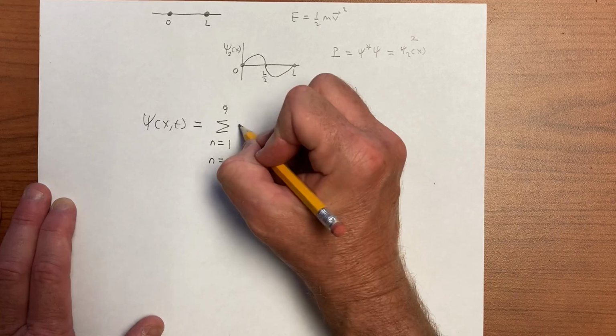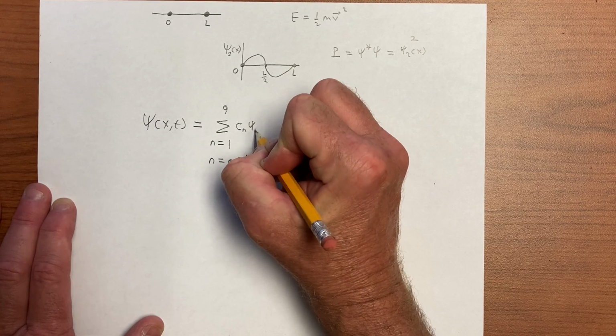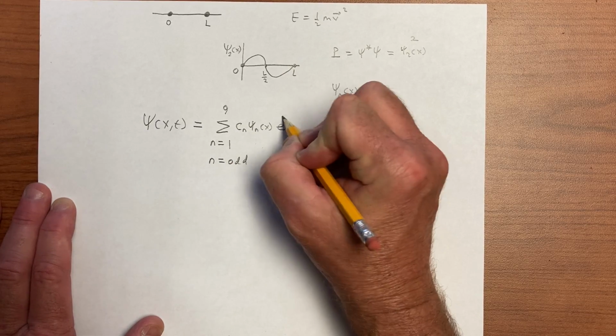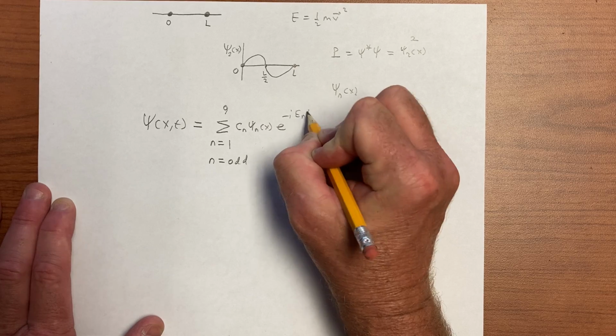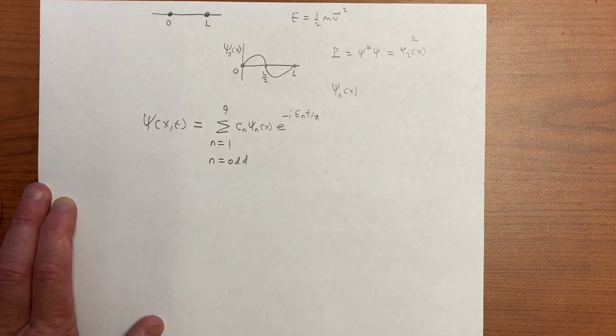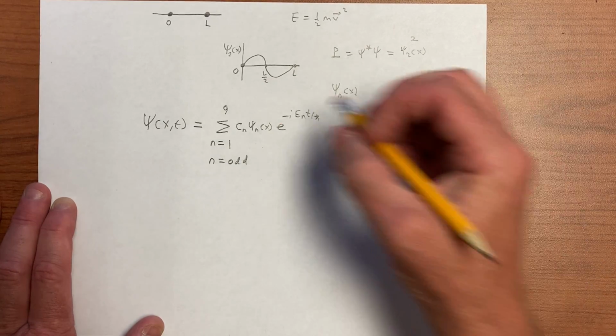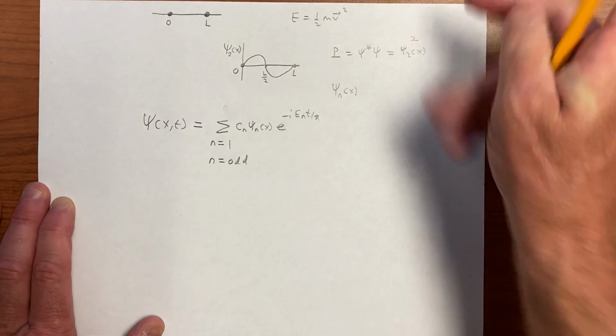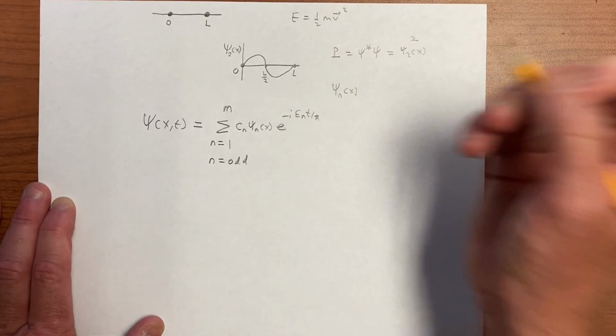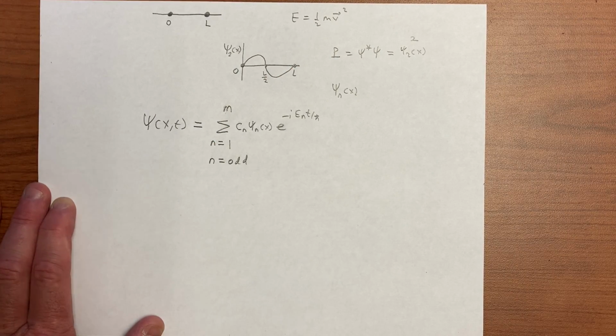So for odd values of n, we can choose psi n's. Or we could change that number and make it n up to some number m that's also odd. Then we only have odd functions.